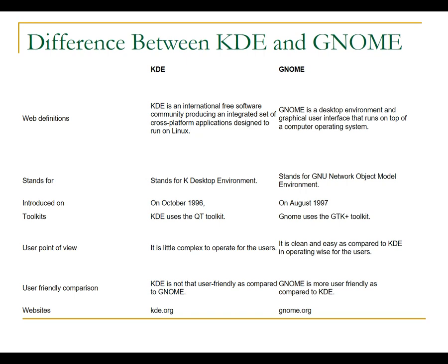The web definition says that KDE is an international free software community producing an integrated set of cross-platform applications designed to run on Linux, while GNOME is a desktop environment and graphical user interface that runs on top of the computer operating system. For standard, KDE is the desktop environment and GNU is GNOME's standard. KDE was introduced in 1996 and GNOME in 1997.